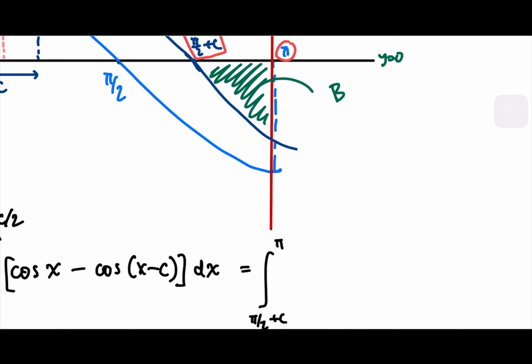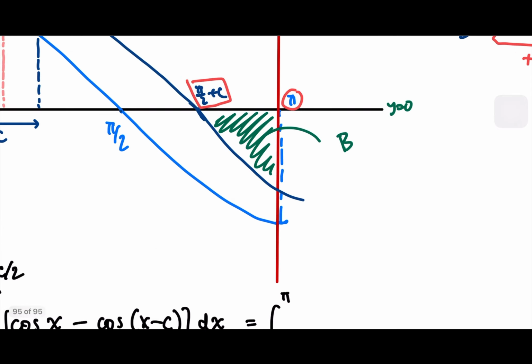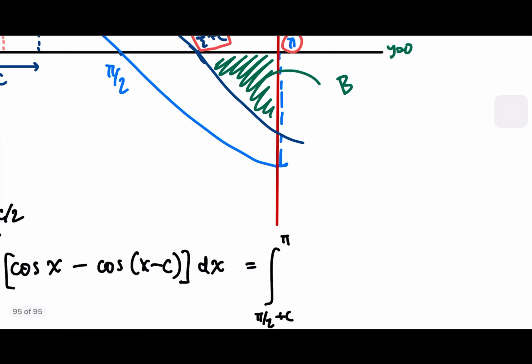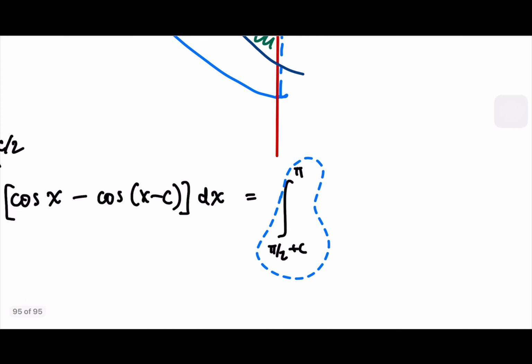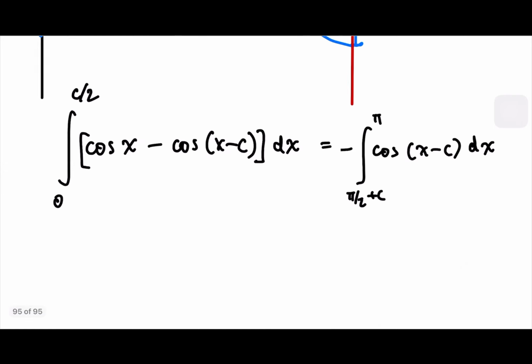And the integrand will be just cos x minus c, but it's on the bottom side, the negative part of the curve, so we may need to make it a negative form, and then write down cos x minus c dx.